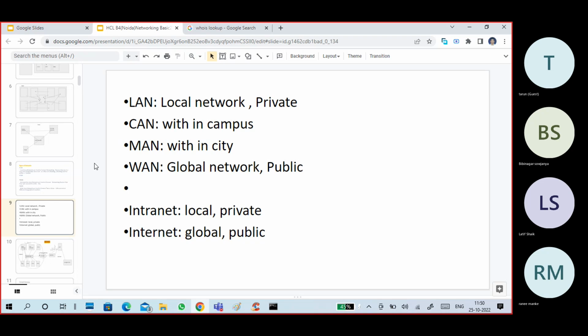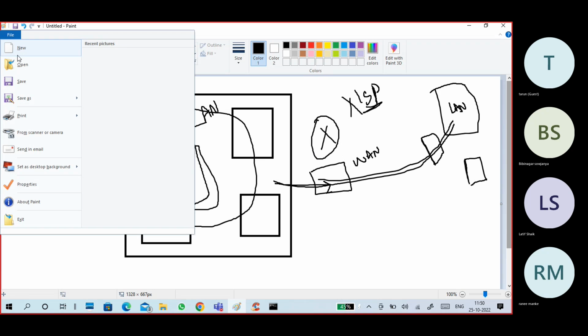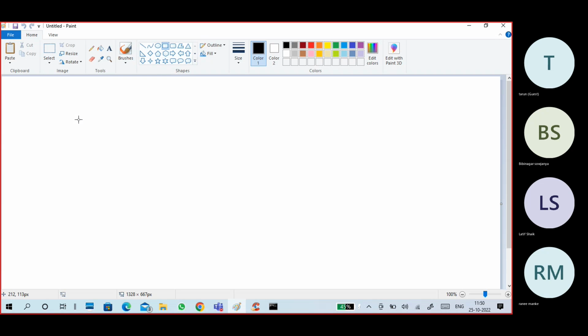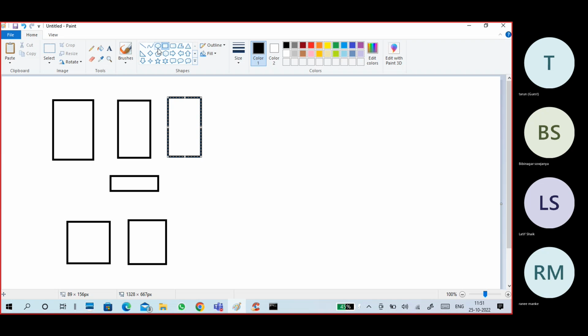Guys, one more thing: intranet and internet. Can you see this picture? I've drawn it like this: for example, you have a server or a PC in your network. You have a server or a computer within your LAN network.